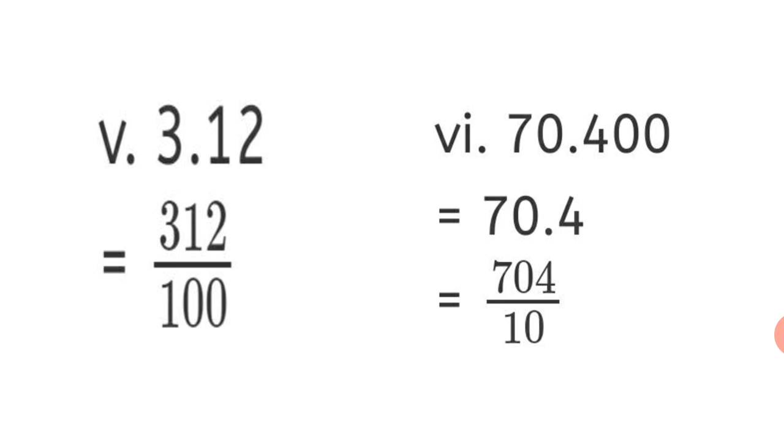70.400. You write 70.4 as your second step, because the 0 0 will have no value. Or rather, if it has a value, think about it.